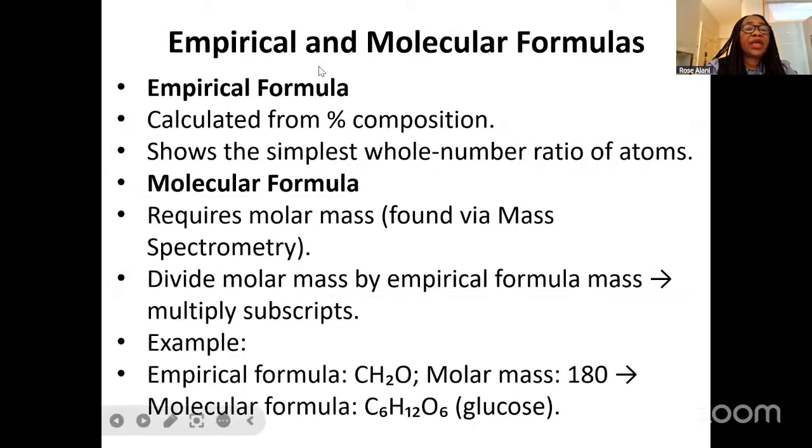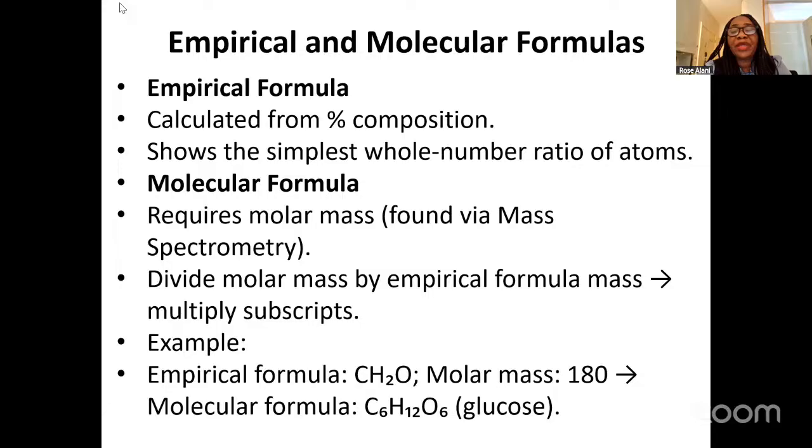Now let's look at the empirical and molecular formula. The empirical formula is calculated from percentage composition.